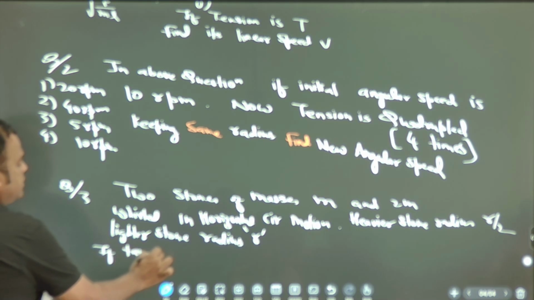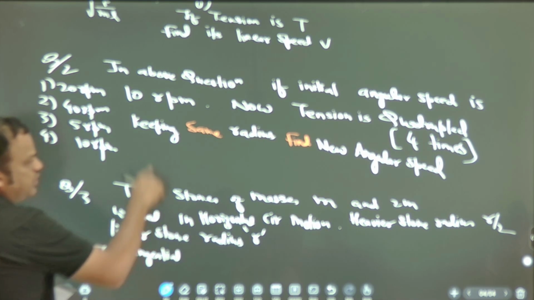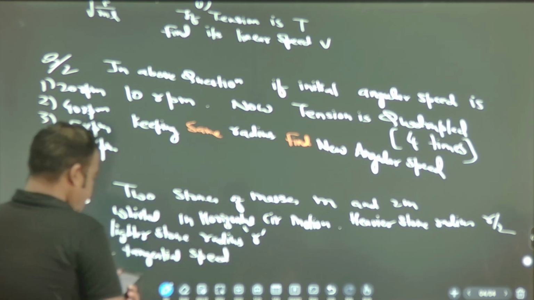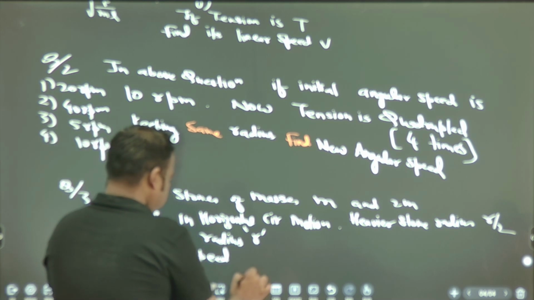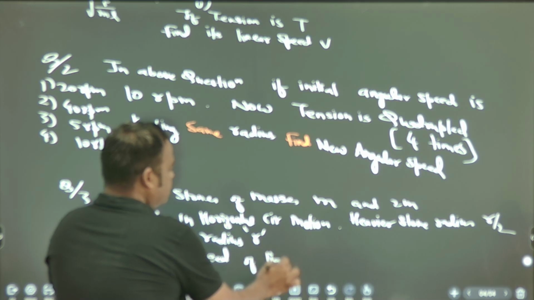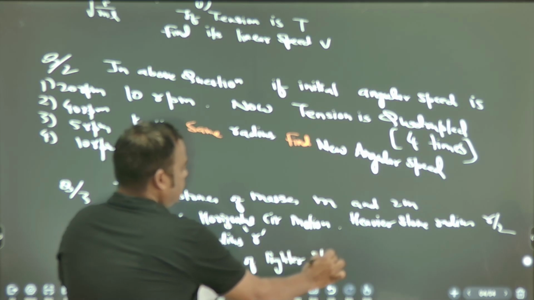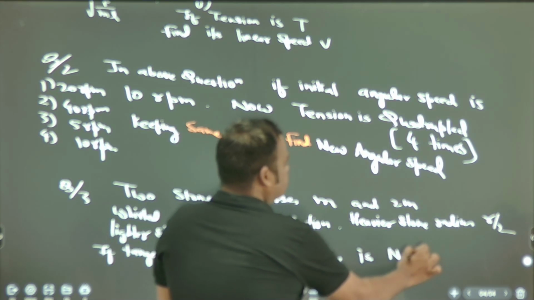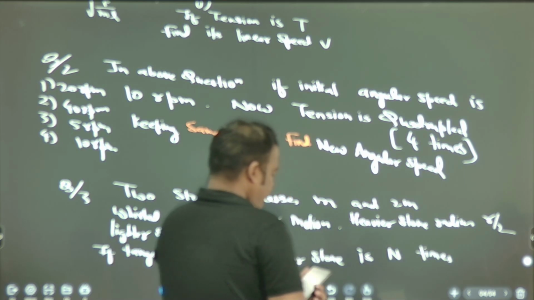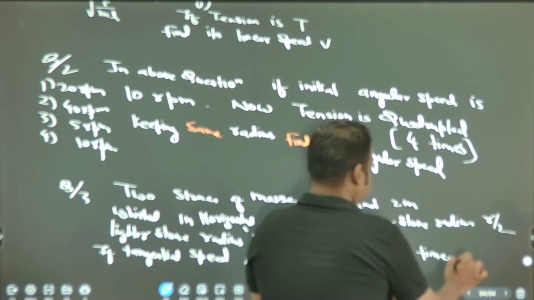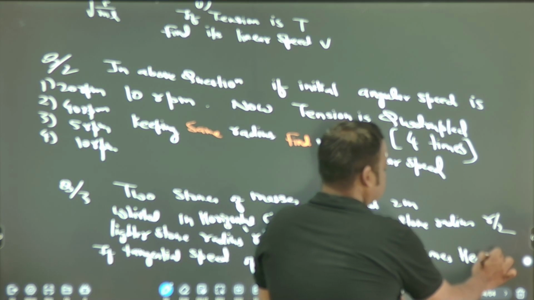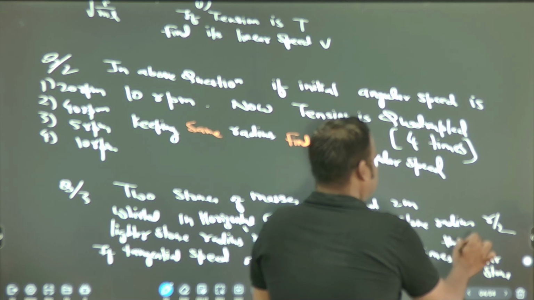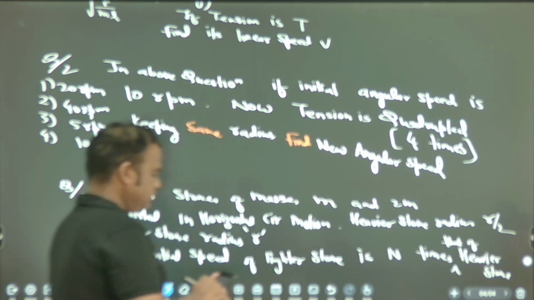You just copy the question first. After break, you can solve. Tangential speed of lighter stone is n times that of heavier stone.